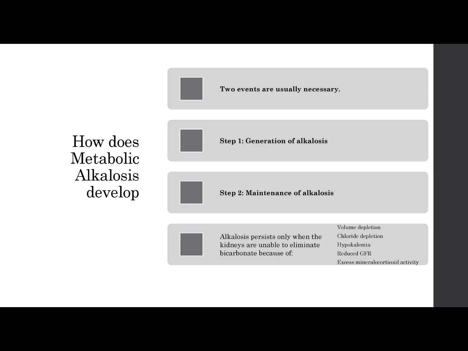Normally, the kidneys rapidly excrete excess bicarbonate. Alkalosis persists only when the kidneys are unable to eliminate bicarbonate because of volume depletion, chloride depletion, hypokalemia, reduced GFR, and excess mineralocorticoid activity. This concept is extremely important because treatment depends mainly on correcting these maintenance factors.